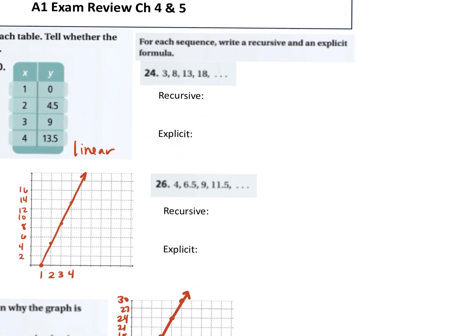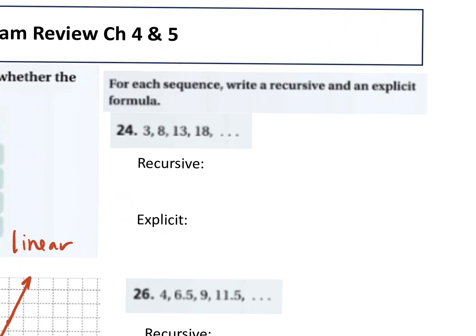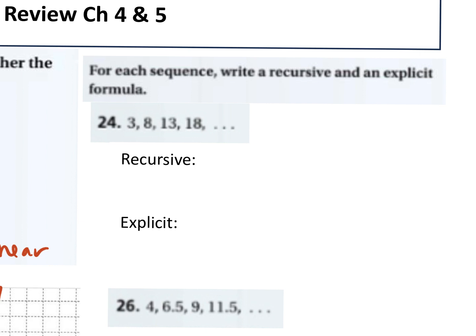Back up to the top here, recursive and explicit. Remember the recursive formula, I'm just going to write the basic version here, is a sub 1 equals something, and then a sub n equals a sub n minus 1 plus your common difference.